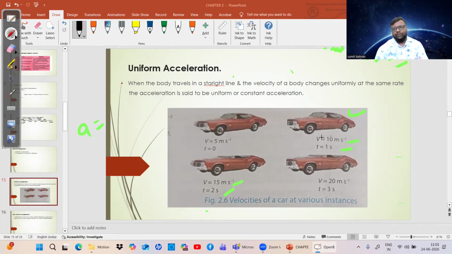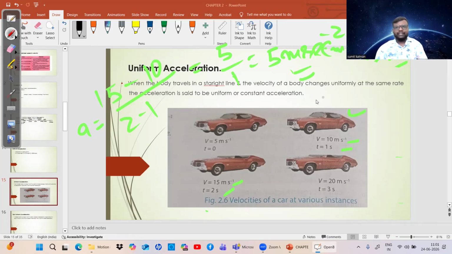The velocity is changing from 10 to 15, so 15 minus 10. The time interval for change is 2 minus 1. So we get 5 upon 1, again 5 meter per second square.